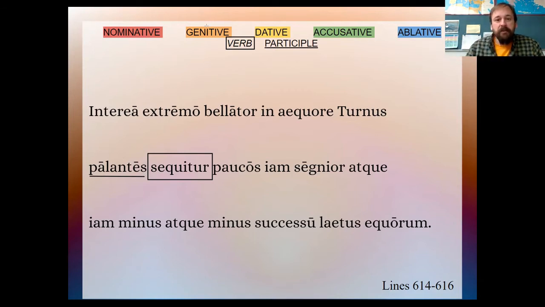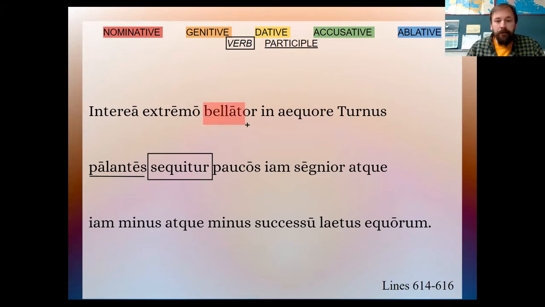Next thing we need to do is identify the cases of these different things. So let's start off with nominative nouns. I want to find the subjects. Typically, I find subjects at the beginning, but not here. I have an adverb here, very first thing, meanwhile. The word bellator is given to you.